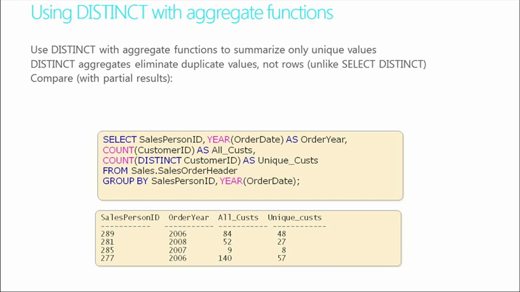Again, we're doing a count on distinct customer ID, and we're using that information and then returning information about the salesperson ID, the order year, all customers, and any unique customers. So we're trying to find out per salesperson how many customers they have as a whole, and per year how many unique customers they had. This is what the query will do for you with this aggregate function using the distinct clause.